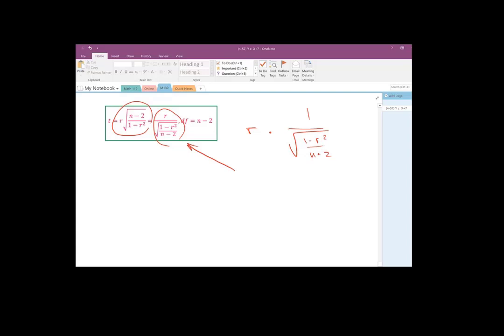This is the reciprocal, if you will. Okay, 1 over anything is the reciprocal of that, and this part itself is the same as the square root of n minus 2 over 1 minus R squared.